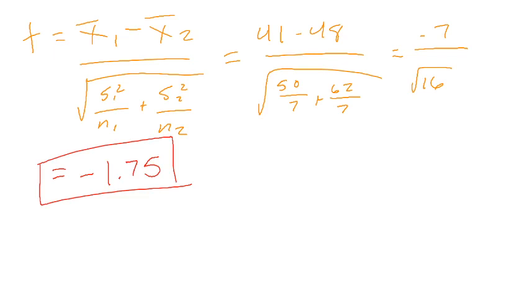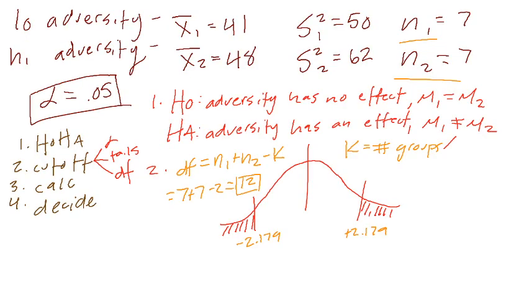Okay, so let's go ahead and take it back to our curve here. Is 1.75 in our critical regions? I don't think so, right? It'll be somewhere over here. So remember when we find something in here, this is in support of the null hypothesis, because remember that this curve is equal to adversity having no effect. So this is where it's a little different from the z-distribution.